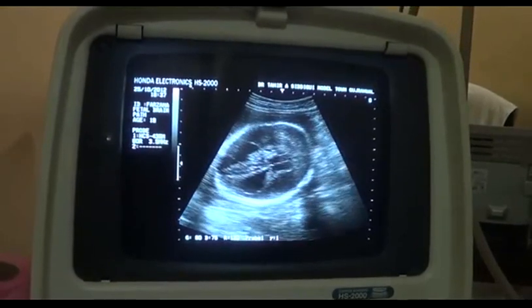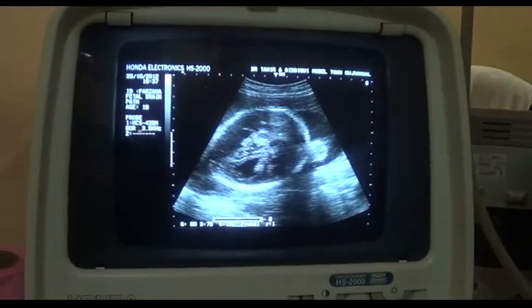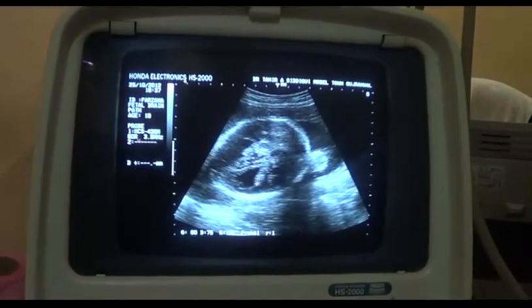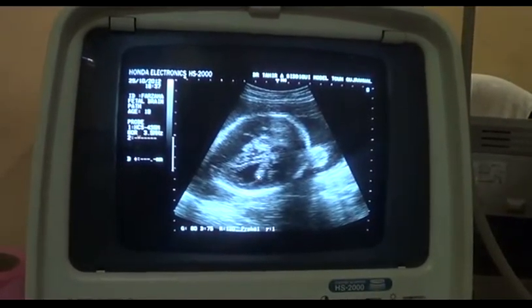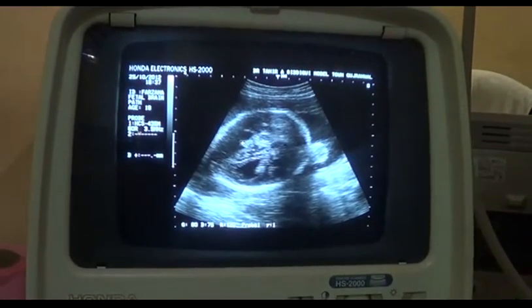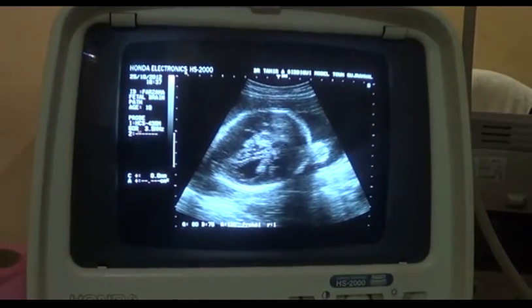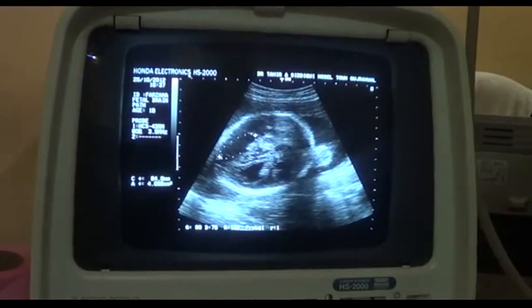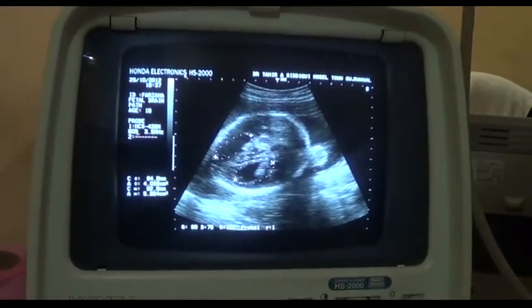Now, there seems to be dilation of the ventricles. This is the lateral ventricle, and this is the lateral ventricle. This white echogenic area with an angle of more than 75 degrees. This is one lateral ventricle, this is the other one.